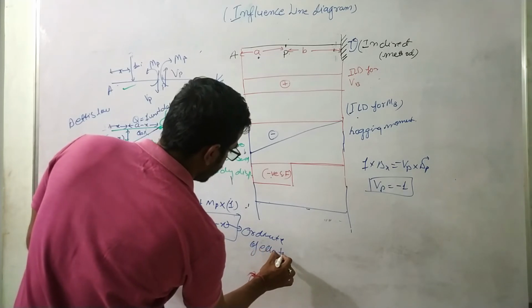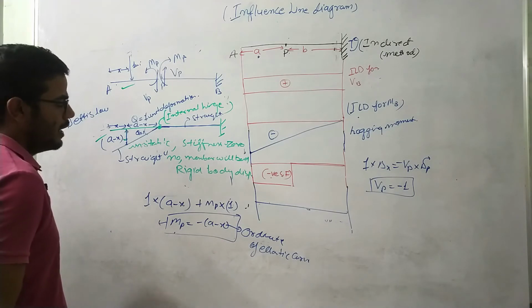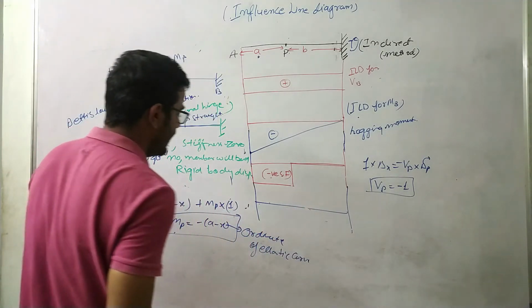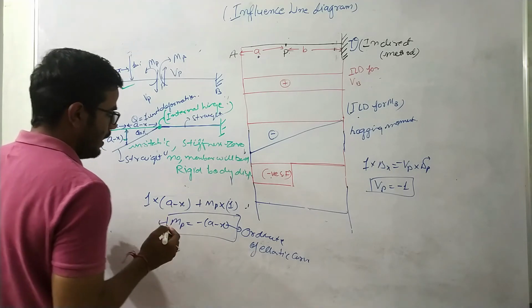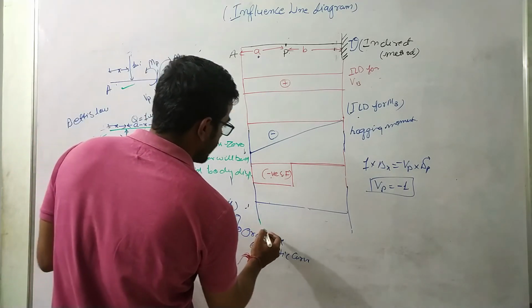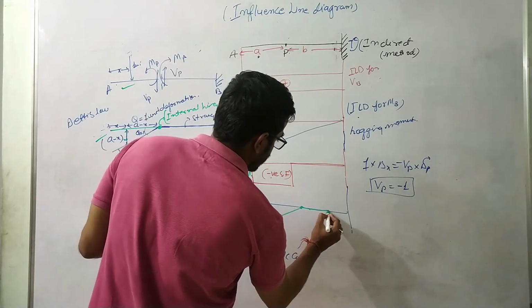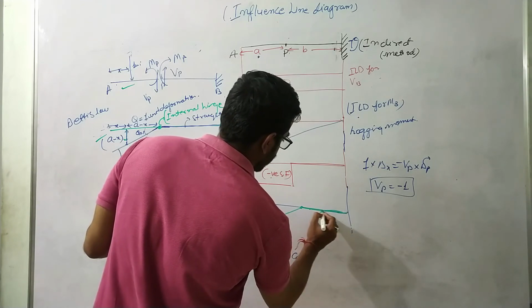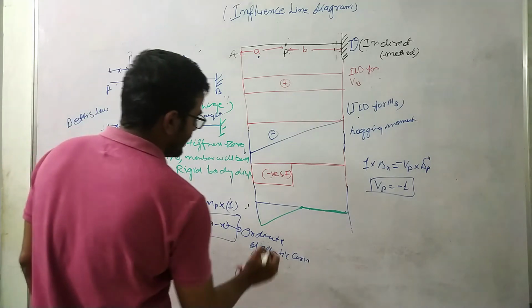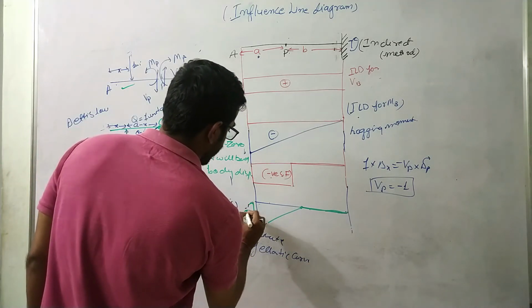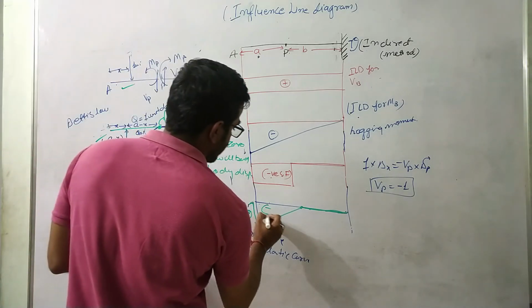Now you can see that at x equals 0, the bending moment will be equal to minus a, and at x equals a, the bending moment will become 0, and again it will look like this. So this negative sign is showing the hogging moment.